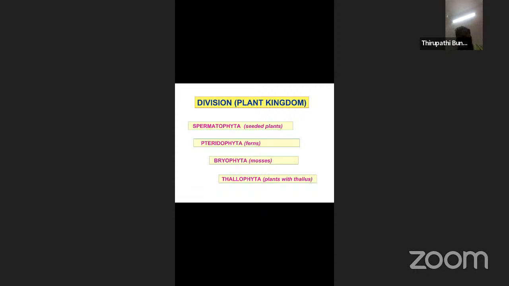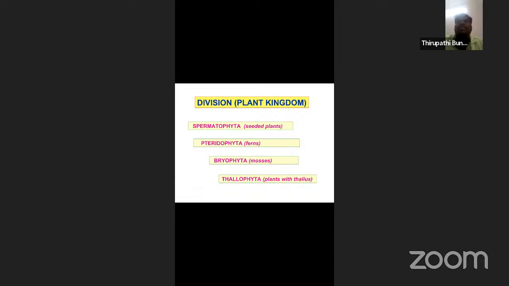All ferns belong to the Pteridophyta group. Next, Bryophyta, already discussed, commonly called the mosses group. Next, Thallophyta, all lower class plants, plants with thallus. That is called Thallophyta. All these are the plant kingdom divisions.